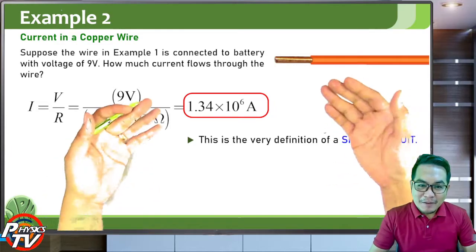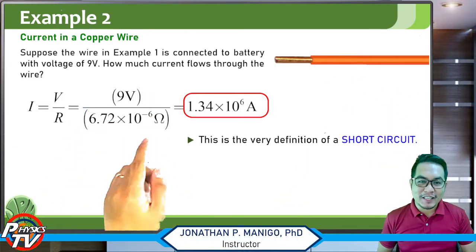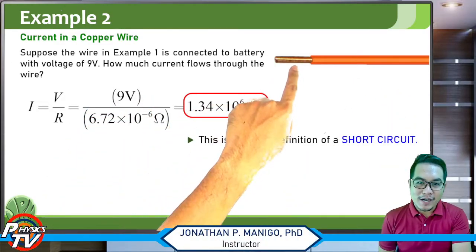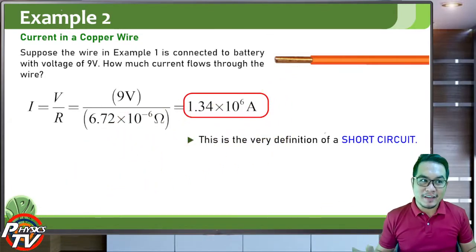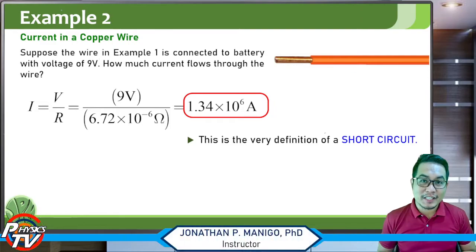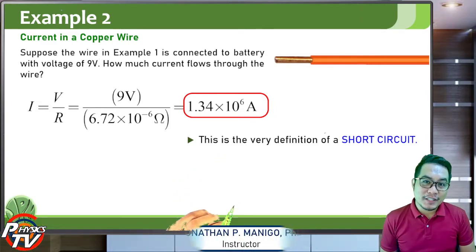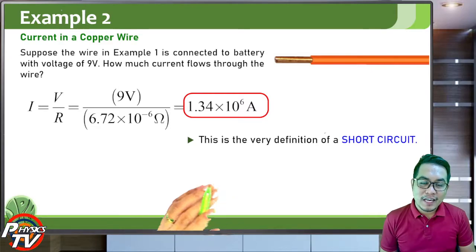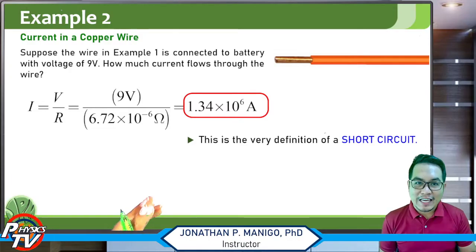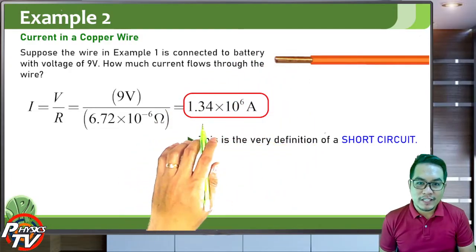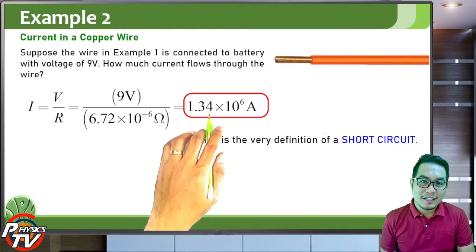I'm just giving you this example to show you that if you connect a wire directly to the positive and negative ends of a battery without any large resistance to control the amount of current flowing, then you will get a short circuit. A short circuit will have a very large current, and this will cause your battery to explode, or your wire to burn because of the very high current.